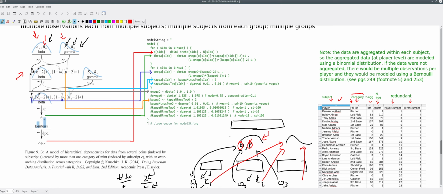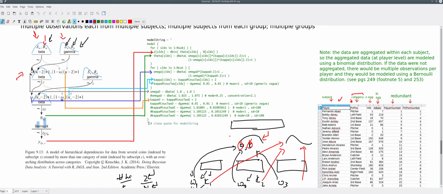The direct observation is modeled as theta. Theta is modeled based on a beta function of omega and kappa parameters, and we are saying for each of the categories, omega varies for each of the categories. Omega varies as a beta with higher up omegas and kappa, so we call them omega 0 and kappa 0 to refer to what we have over here.